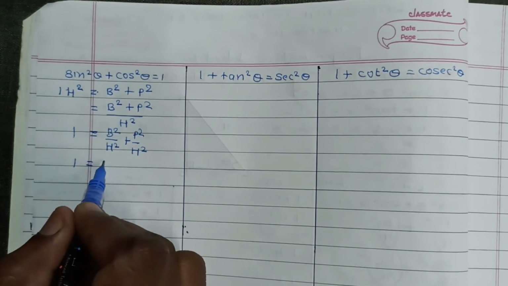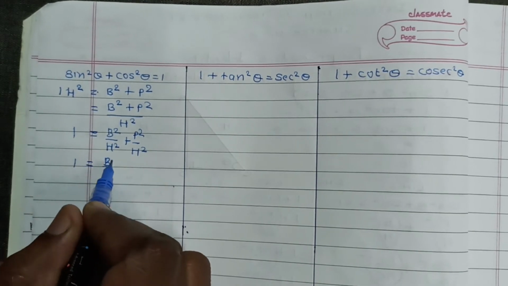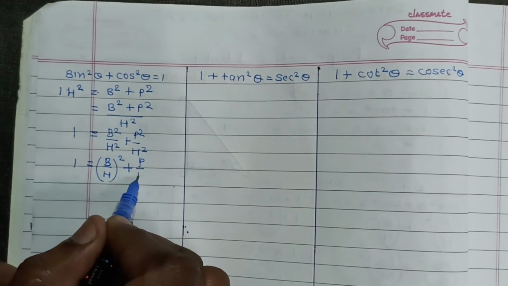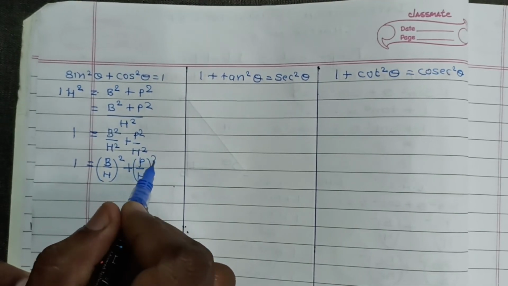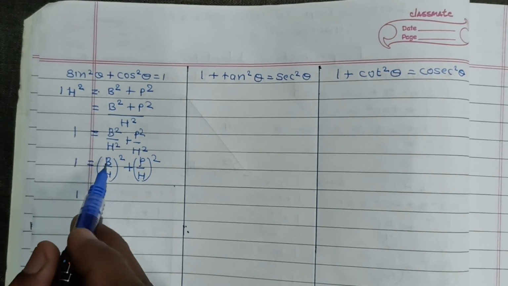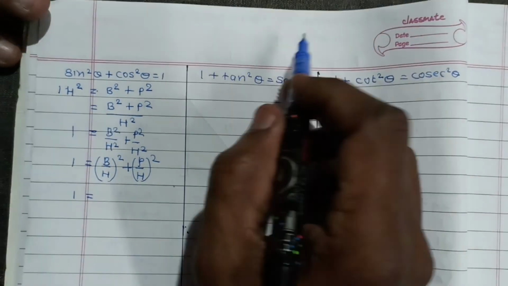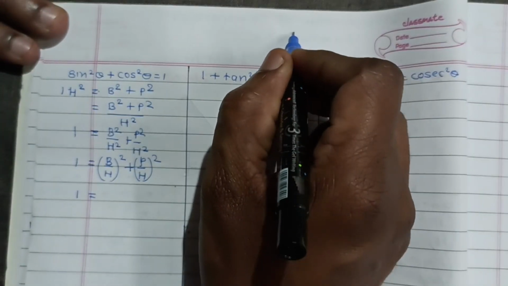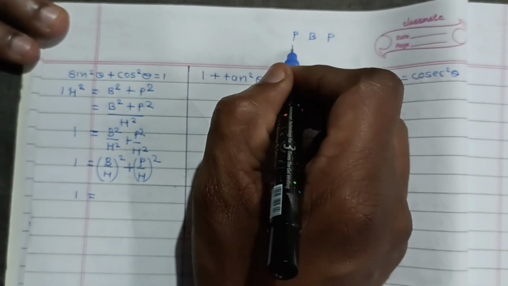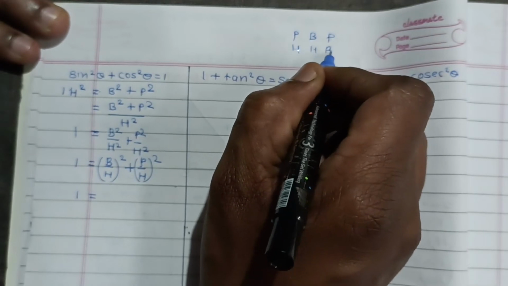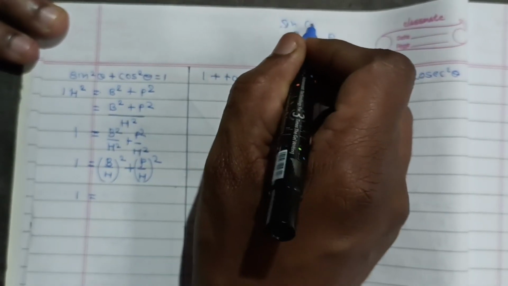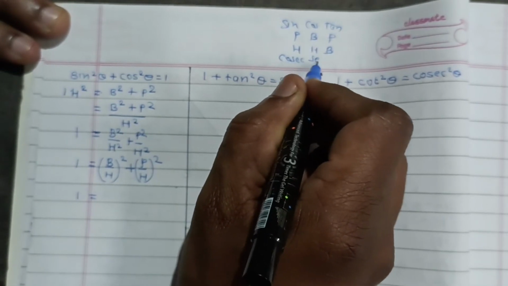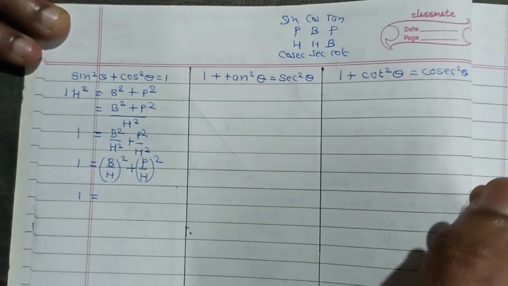So b upon h whole square plus p upon h whole square is equal to 1. So b upon h is the ratio of, let me write a small trick. What is that? Pandit Badri Prasad Har Bole: sin, cos, tan, cosec, sec and cot.